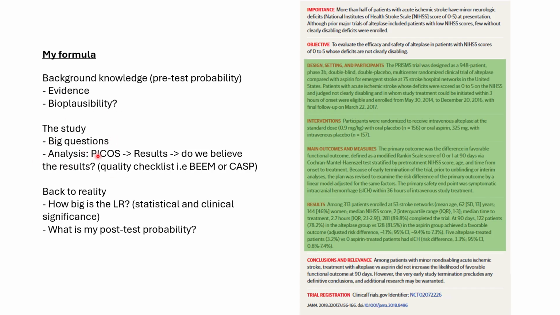And then the analysis is usually, you have the PICOS: the patient population, the intervention, the control, the outcome, and the study type. This is, of course, if it's a trial.